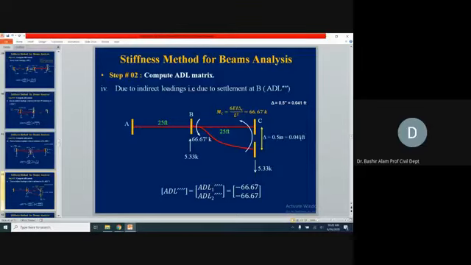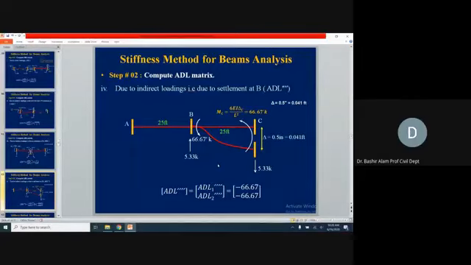Corresponding to D2, we have minus 66.67, recorded here. We don't have any contribution from the BA support in case of ADL1 tetra prime.